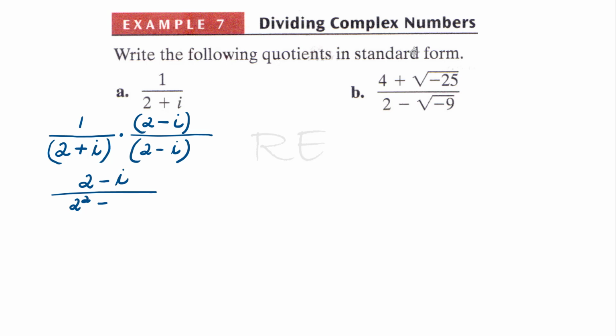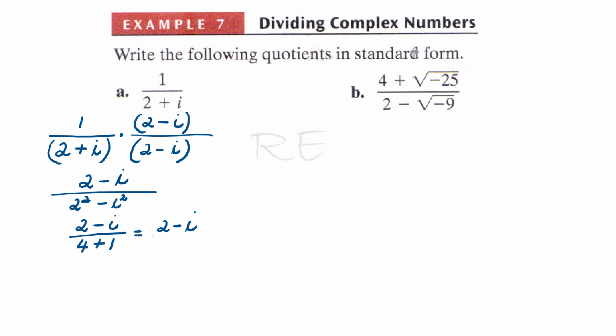and 2 plus i times 2 minus i is 2 squared minus i squared. So it's 2 minus i divided by 4 plus 1, minus i squared is minus negative 1.